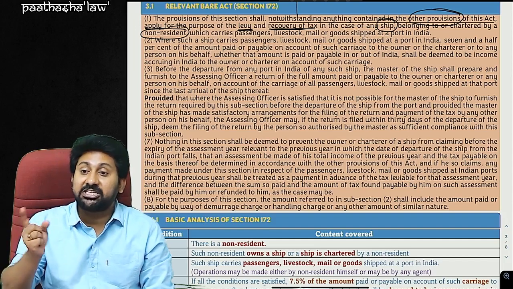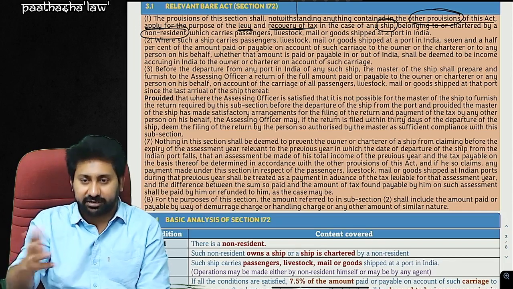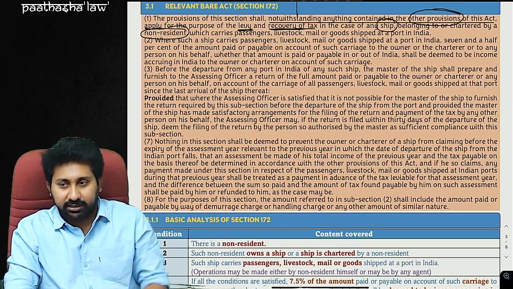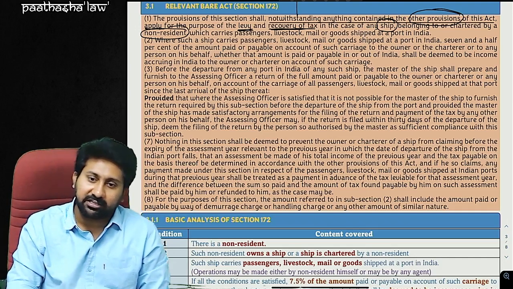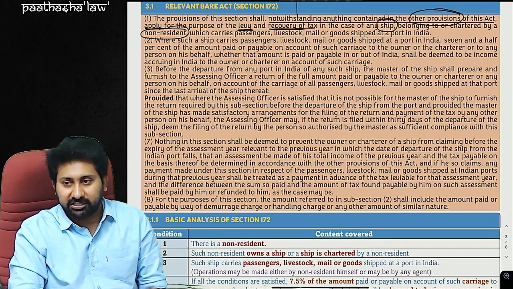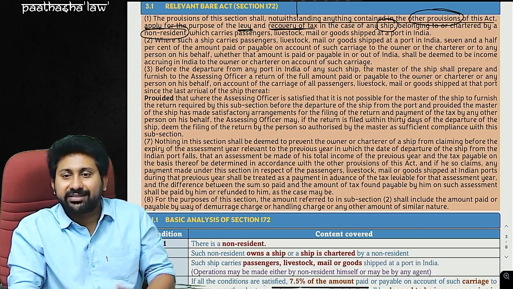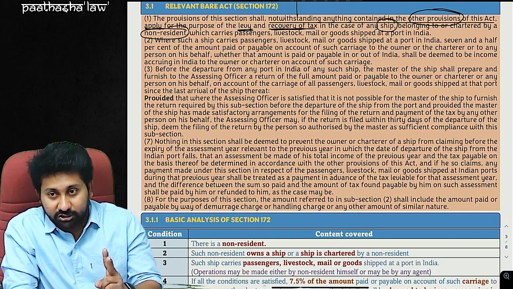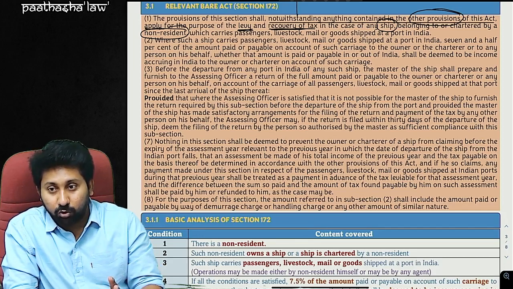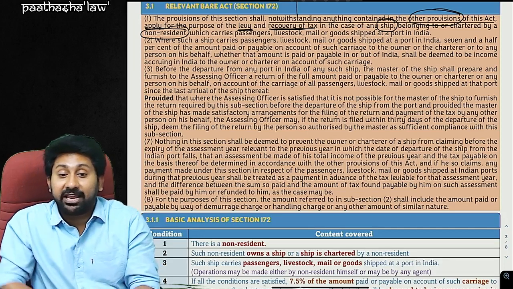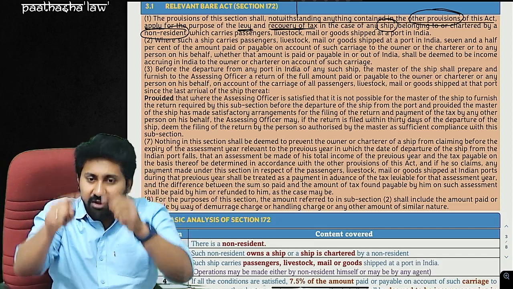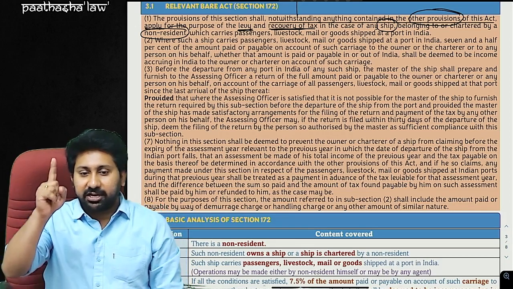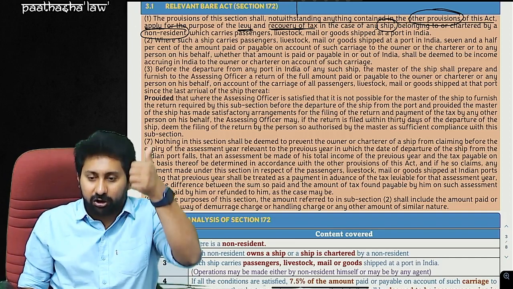In case of a ship belonging to a non-resident or chartered by a non-resident. Chartered means owned by him or taken by him, which carries passengers, livestock, mail or goods shipped at a port in India. These are all important conditions. Condition number one, there must be a non-resident.